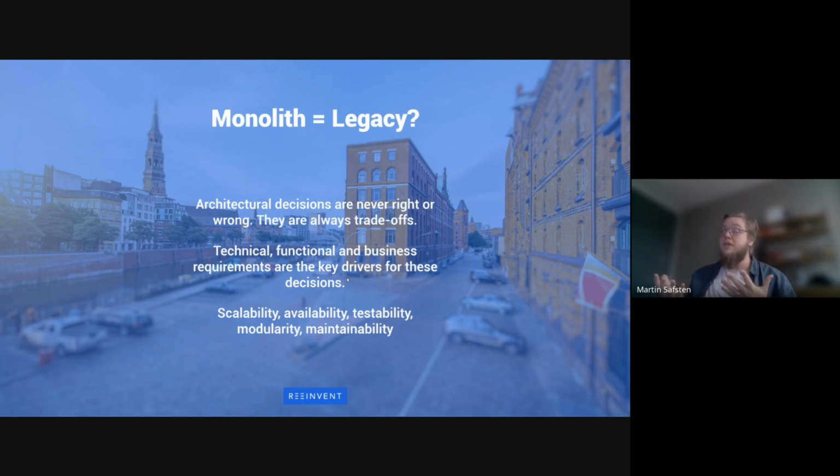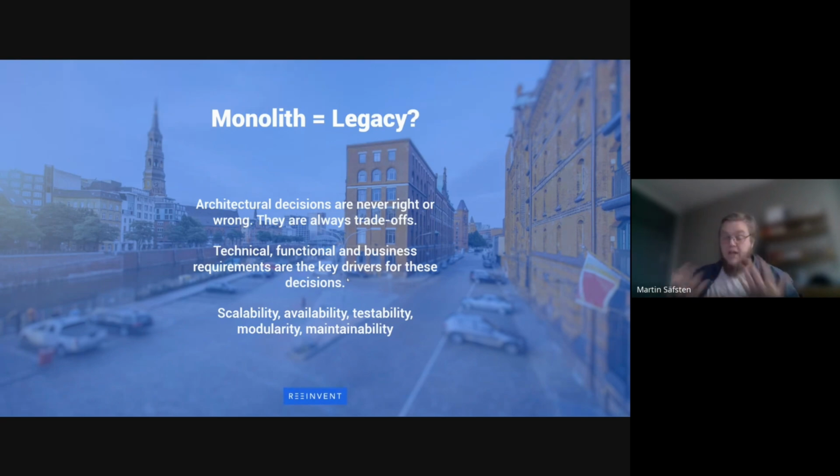Everything about software architecture is trade-offs. There are strengths and weaknesses to all architecture designs, and the only way to know which one is the right one is by context: your specific scenario and your needs and the requirements from the business side.